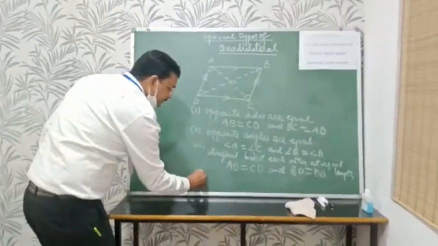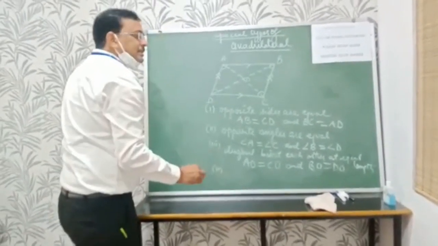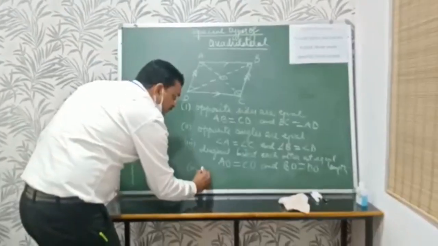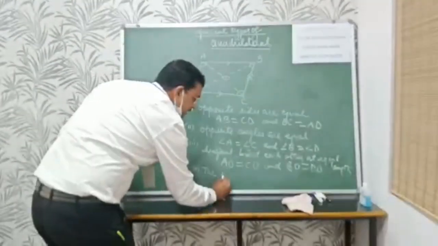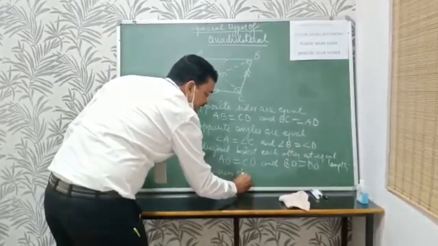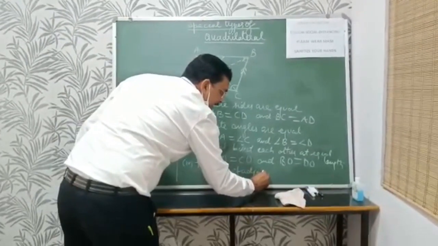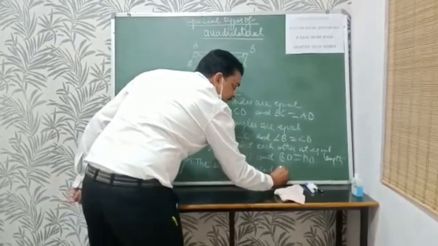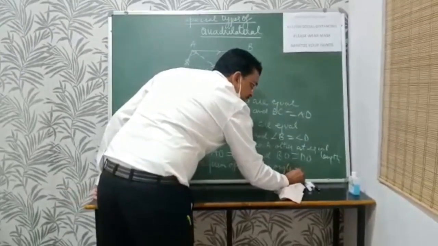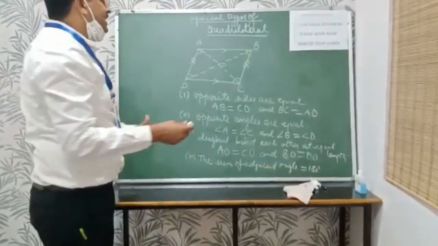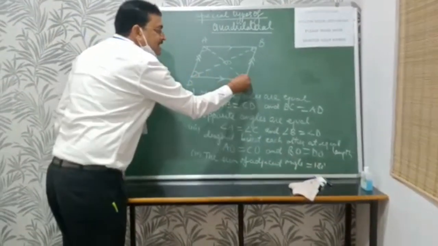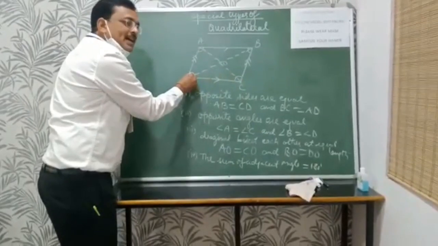Fourth, the sum of adjacent angles is equal to 180 degrees. So what are adjacent angles here? Angle D and C, these two are called adjacent angles.